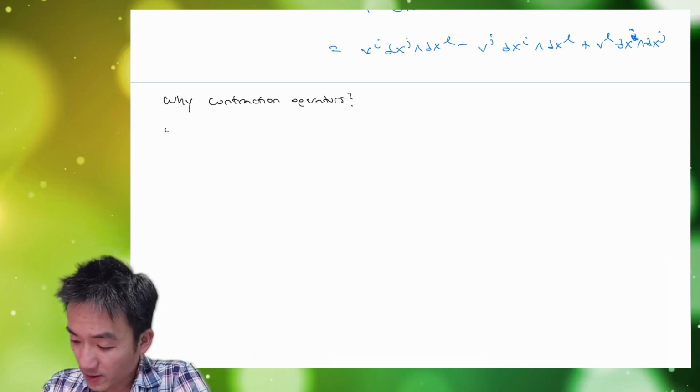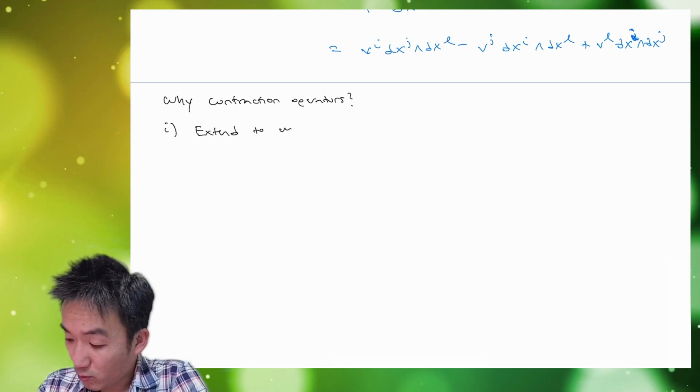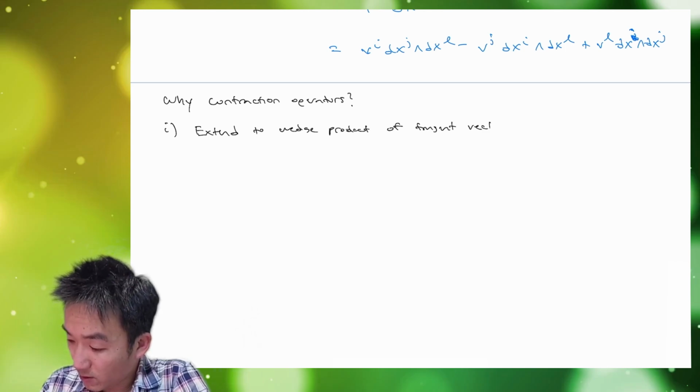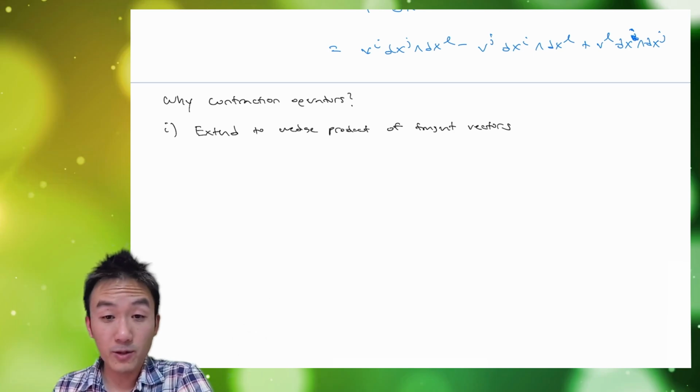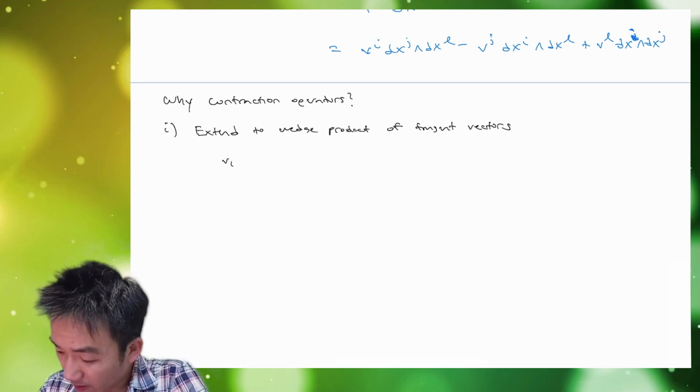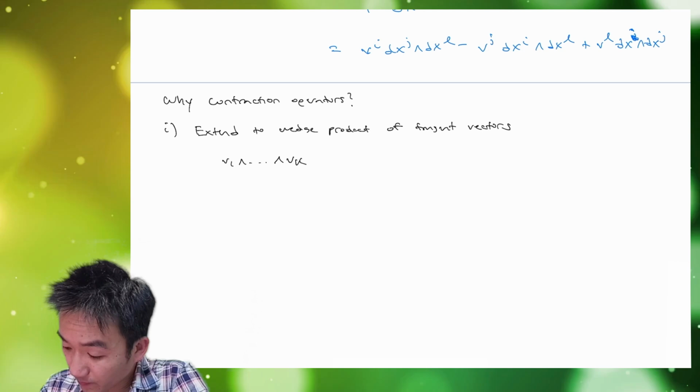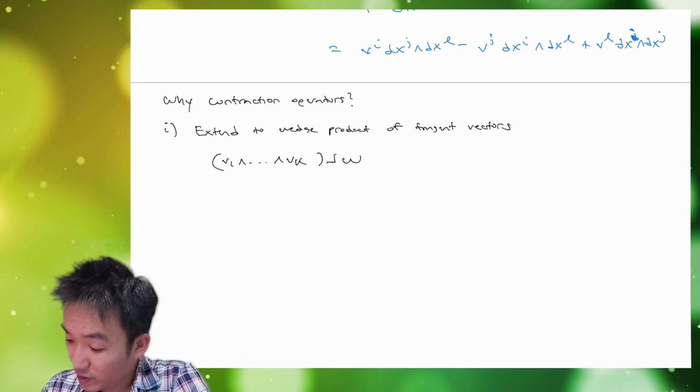Well, the first is that we can extend the contraction operator to wedge products of tangent vectors. So in other words, now I can define this operation.